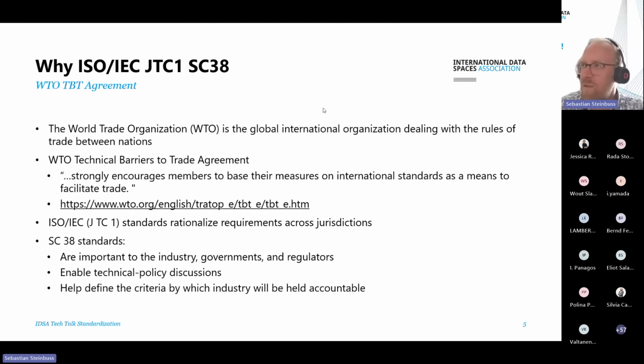But let's continue topic-wise. So why did we choose SC30 and why did we choose our path to create an ISO IEC standard in the end for data spaces? Well, because data spaces are a field of work where you want to exchange data between organizations, where you want to reduce the barriers of trade or of connection between organizations, not only on a national level, but really on international scale.